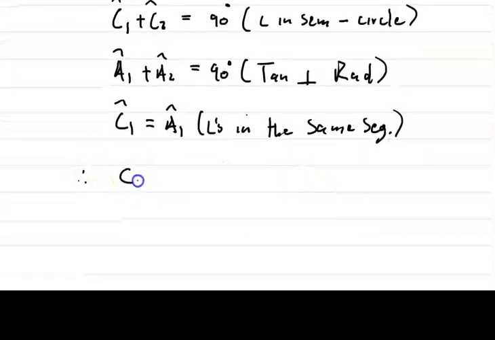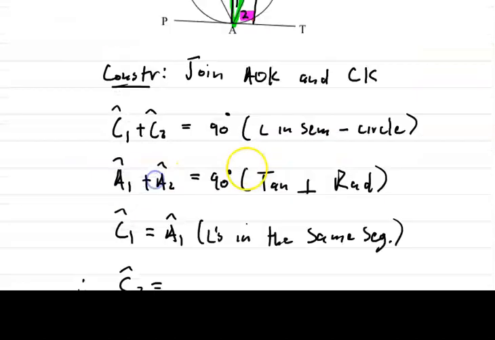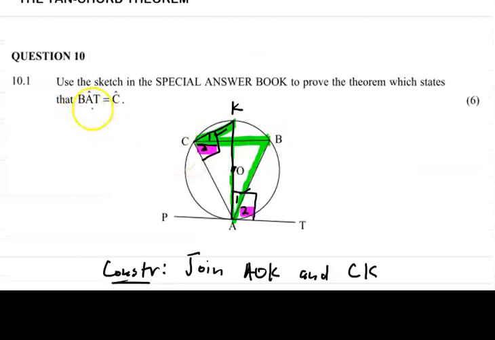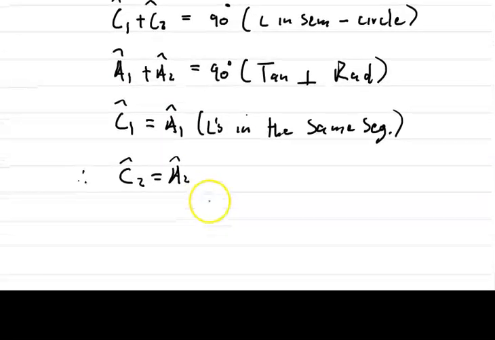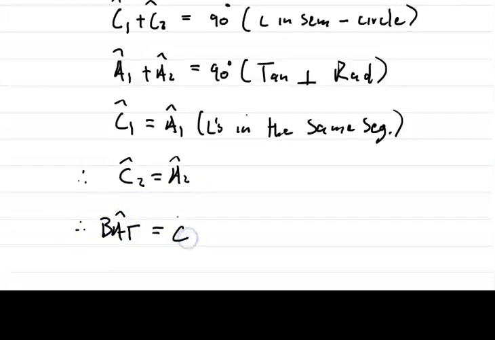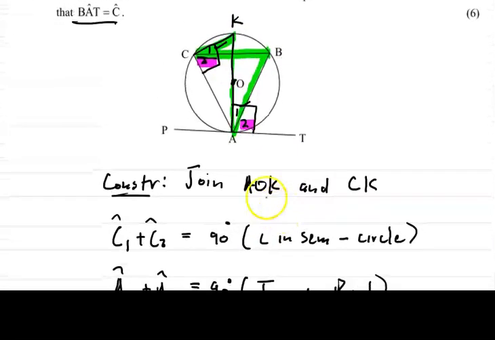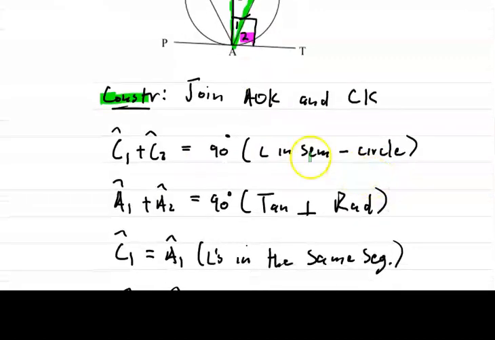So in conclusion, we say that C2 is equal to A2. Therefore, we can write our concluding statement: BAT, that's the angle between the tangent and chord, is equal to C. Learners, once again, make sure that in a proof, you learn the construction, join diameter AOK and chord CK.